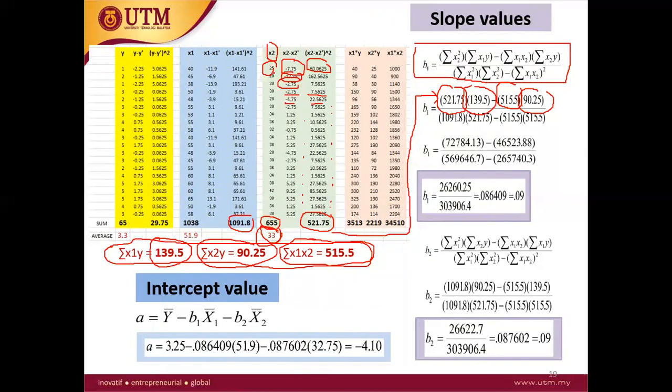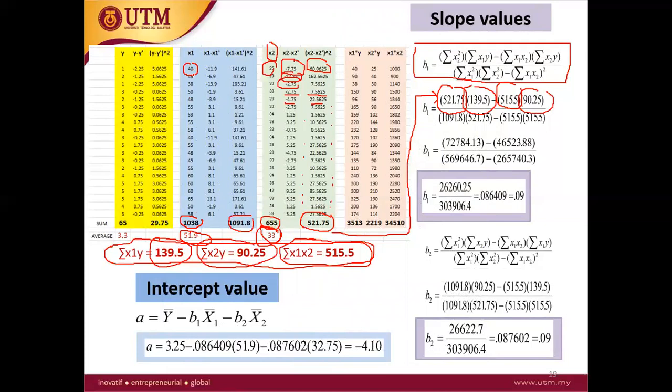We use the same step we use for x2. The first data of x1, 40 plus 43 plus 38, and the total is 1038. Divide by 20, we get average 51.9.